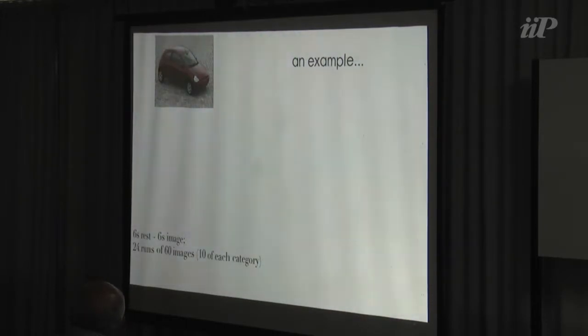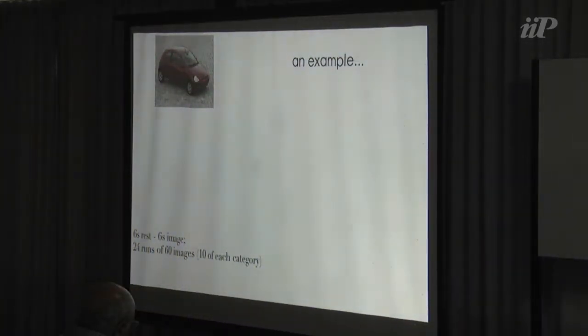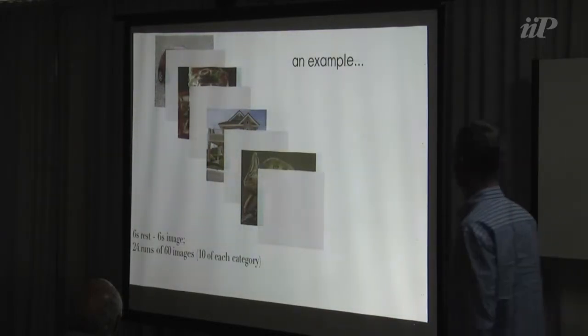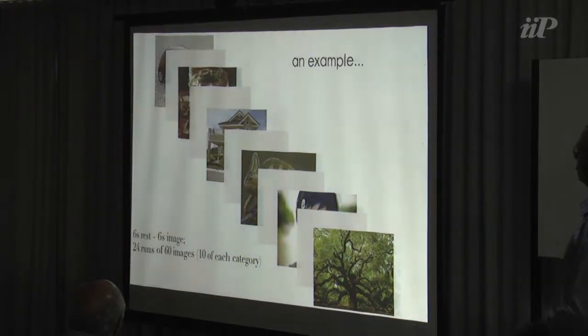We show the individual one image of one category for 6 seconds. Then he has rest, and then another category, rest, category, rest, category. This is shown for 6 seconds and rest for 6 seconds.